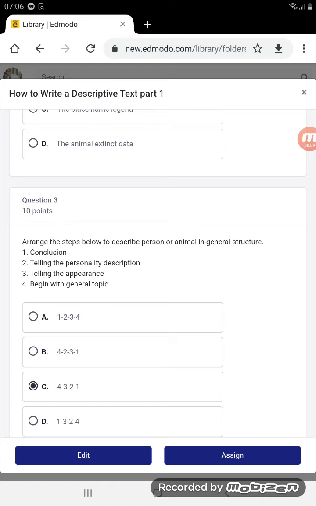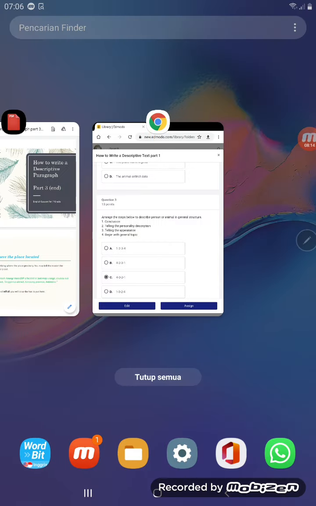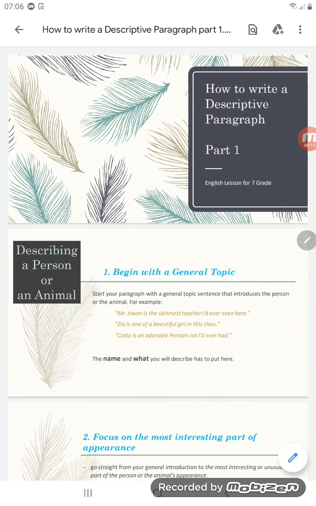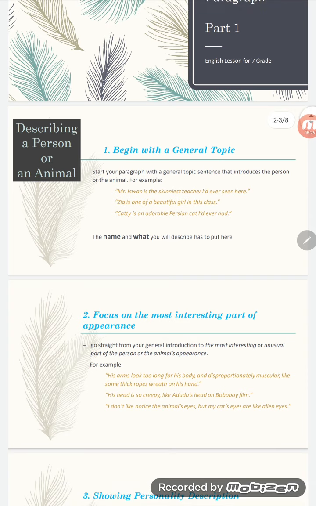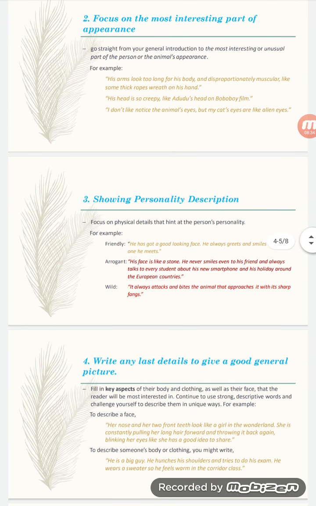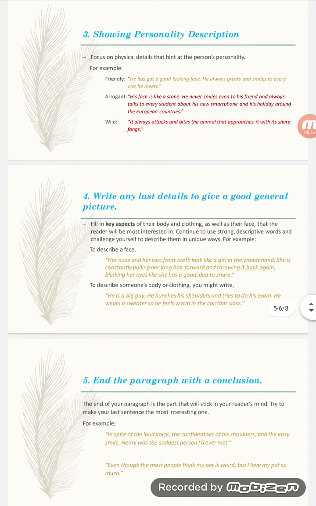You can find the answer from slide part 1, describing a person or an animal. First, begin with the general topic; second, focus on the most interesting part of appearance; third, show personality description; fourth, write detail to give a good general picture. And the last, of course, conclusion.